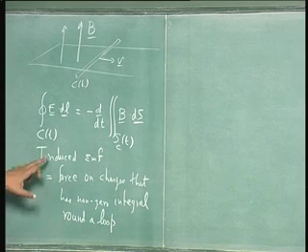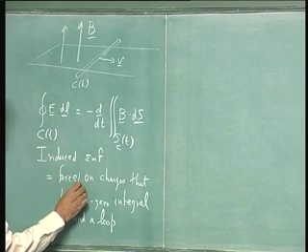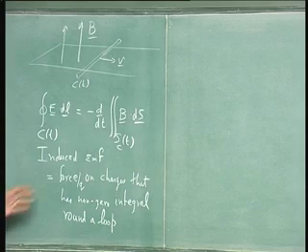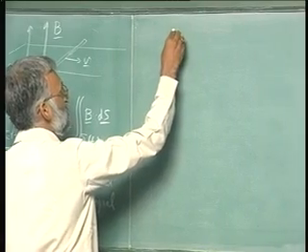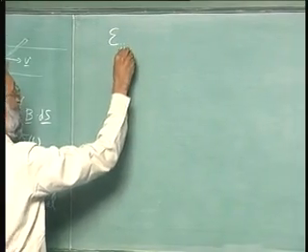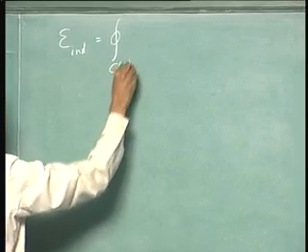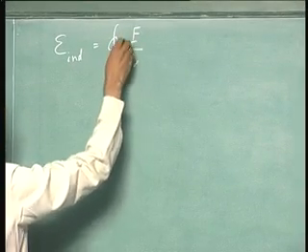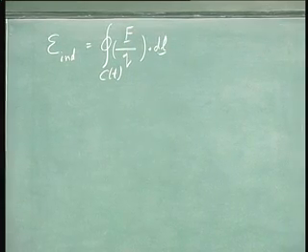It's obvious. If I am talking about an induced EMF, it's force per unit charge, on charges that have non-zero integral when I go around a loop. So when I say induced EMF, I mean loop integral around my C of t, force on the charge divided by charge dot dr. That's what I mean.